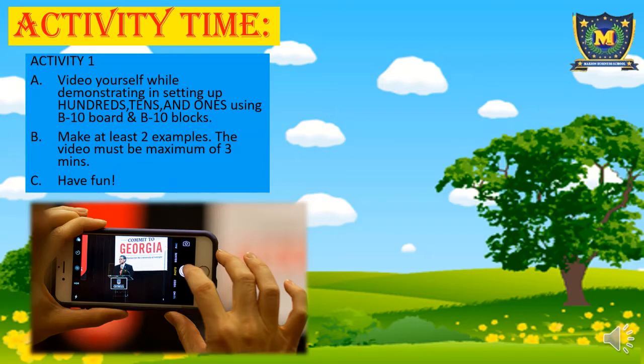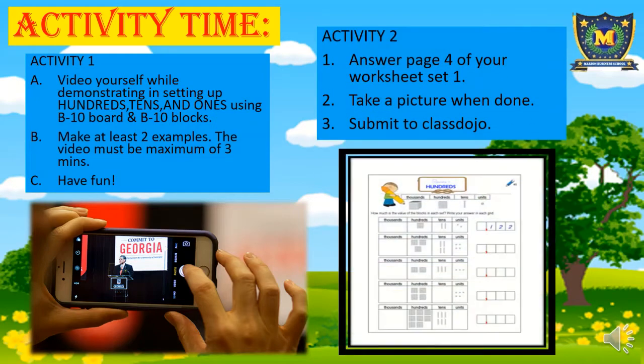Make at least 2 examples, and the video must be a maximum of 3 minutes. Don't forget to have fun. For your activity 2, you have to answer page 4 of your worksheet skills book set 1. See the page below. When done, take a picture, then submit to Class Dojo. I know you can do it, so do your best, okay?